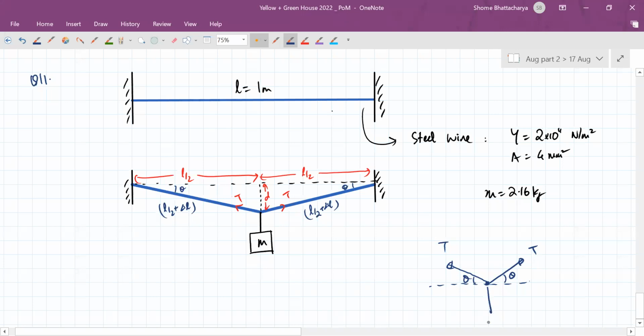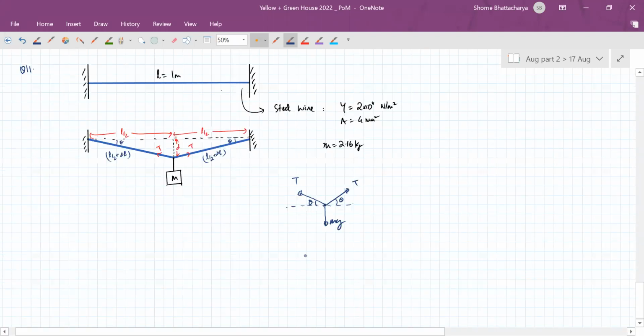Below, the weight of this object is acting at that point equal to mg. So one is we have the relation that 2T sine theta is equal to mg. So the tension that is developed in the wire is mg by 2 sine theta. And as a result of that, the stress developed in it is this much.